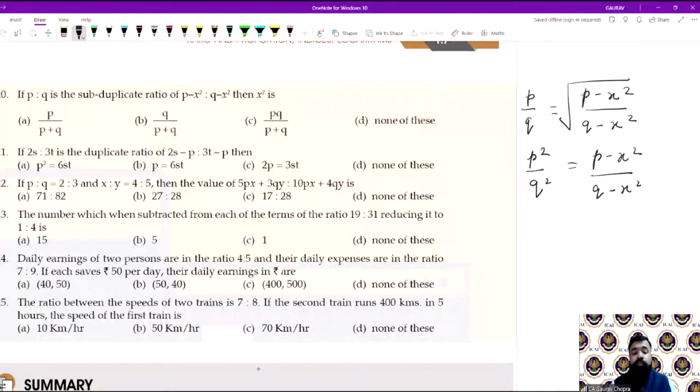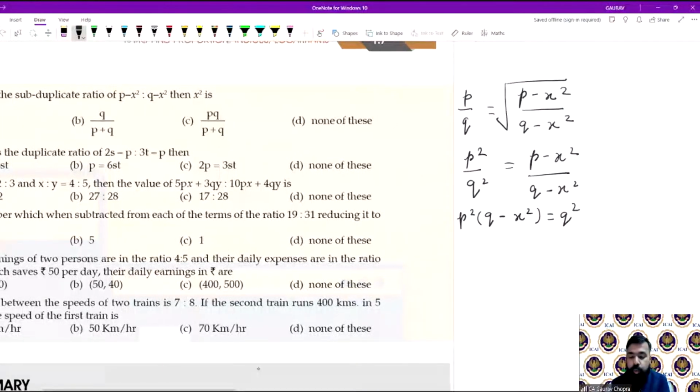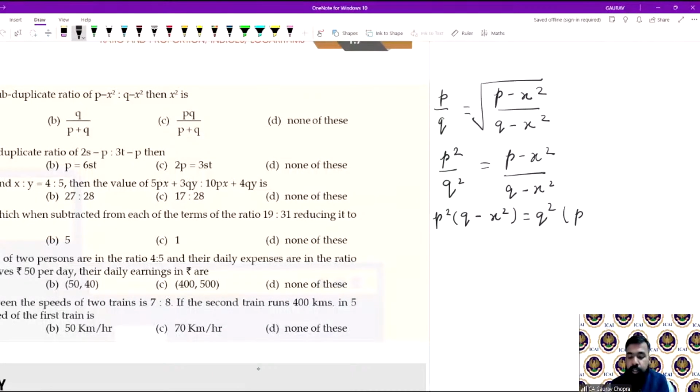Now we have to find the value of x square. Simply, we do cross multiplication. P square is multiplied by Q minus x square, and Q square is multiplied by P minus x square.